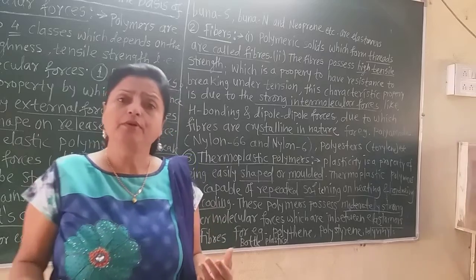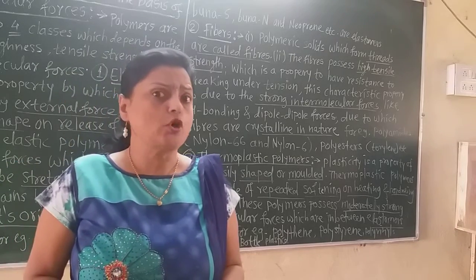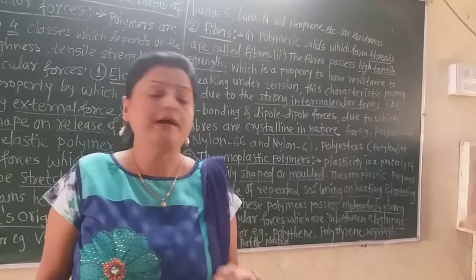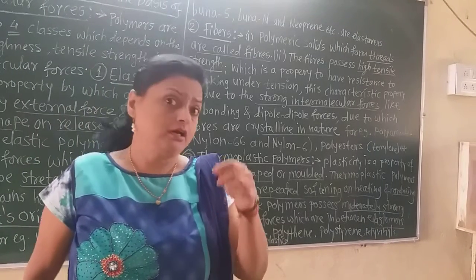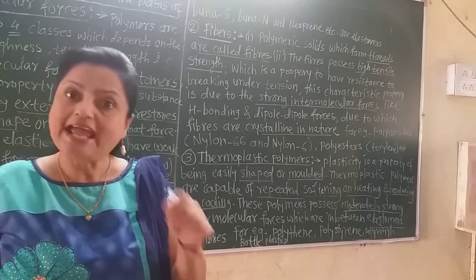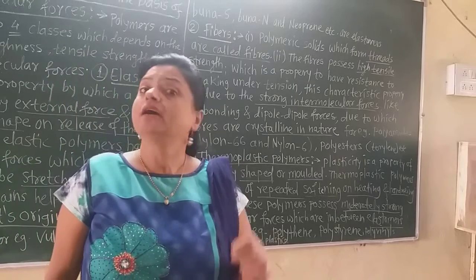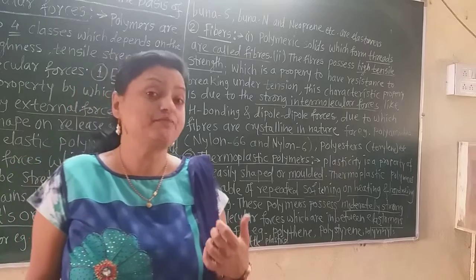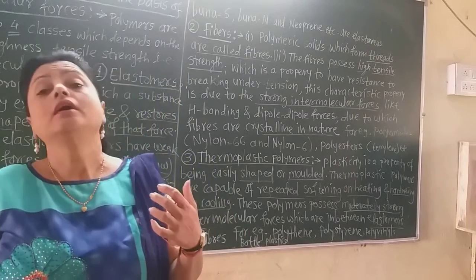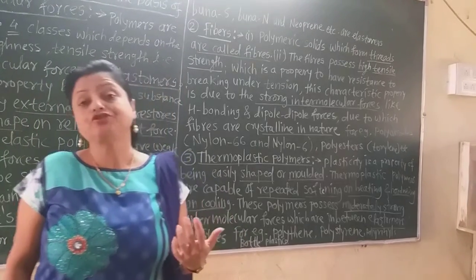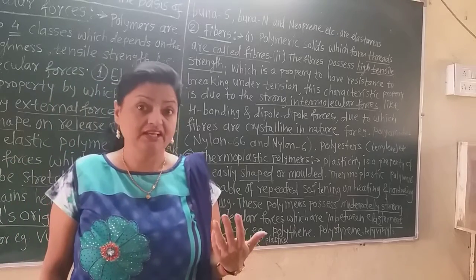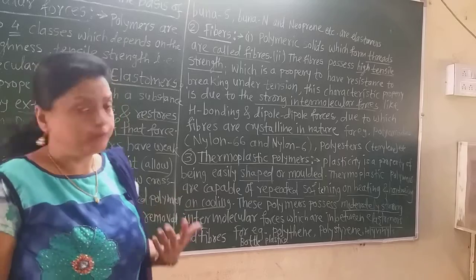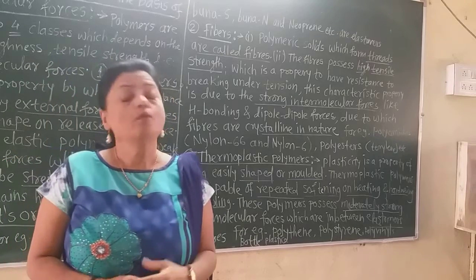In everyday life there are many uses of polymer fibers. Our toothbrush has threads of polymer. Again, nylon 6 and nylon 66 fibers are used for the manufacture of fish nets, ropes, etc.